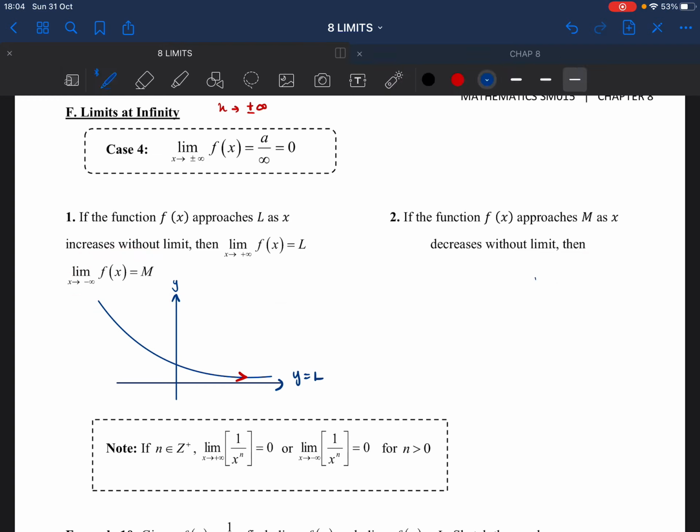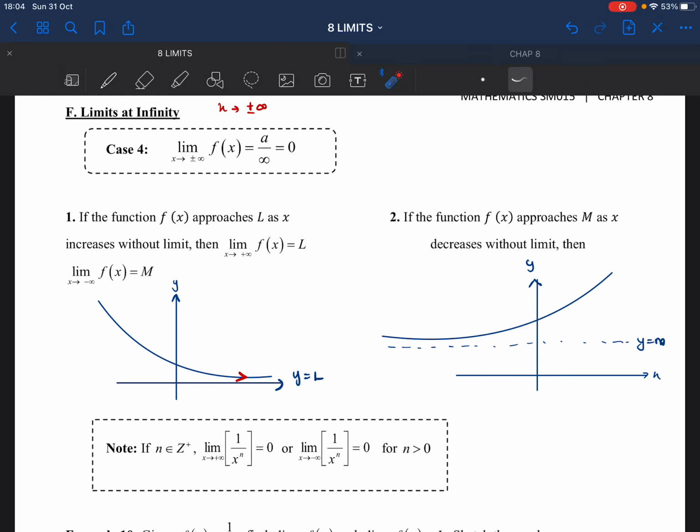If you have one more graph, let me draw one more graph here. Let's say you have a graph like this, and this is y equals m. So limit f(x) as x approaches negative infinity is equal to m.